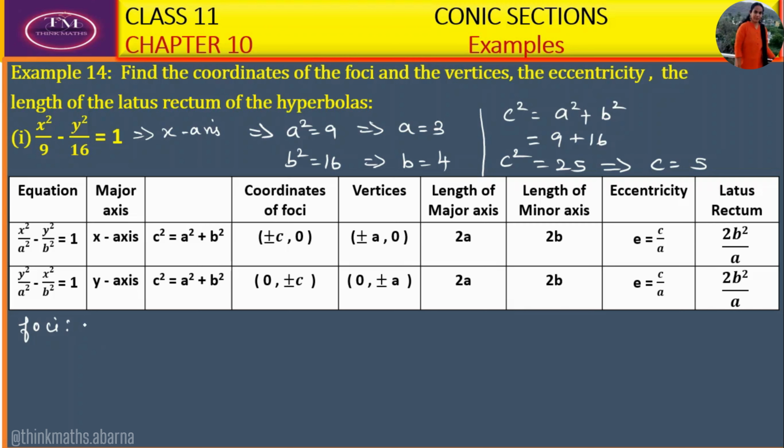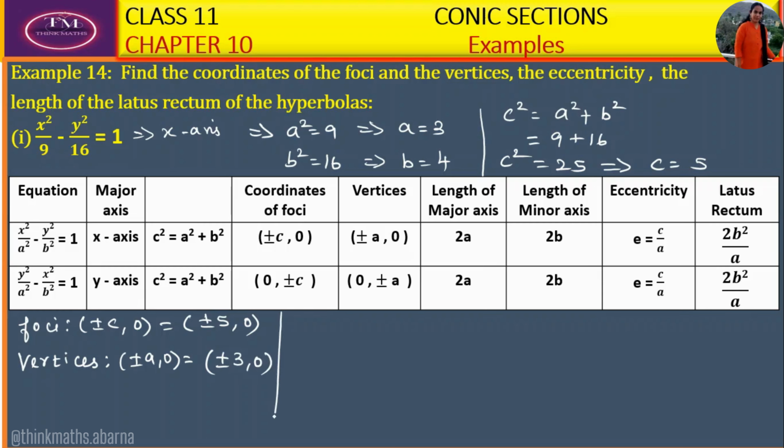As it is on the x-axis, it is plus or minus c comma 0. So c is 5, so it is plus or minus 5 comma 0. Next we have to find the vertices. Vertices is plus or minus a comma 0, a is 3, so plus or minus 3 comma 0. Next we have to find the length of the major axis, which is 2a.